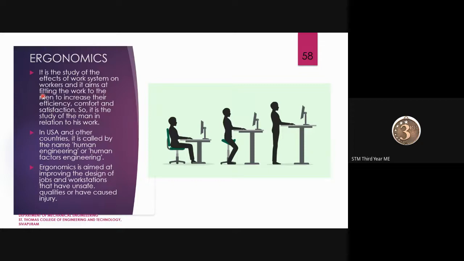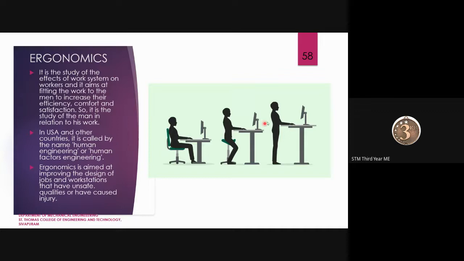So only if you can create a friendly atmosphere or some such features, even in tedious jobs or risky jobs, you can have that much comfort, and this comfort relates to the satisfaction of the personnel working there. So an example is shown here itself.